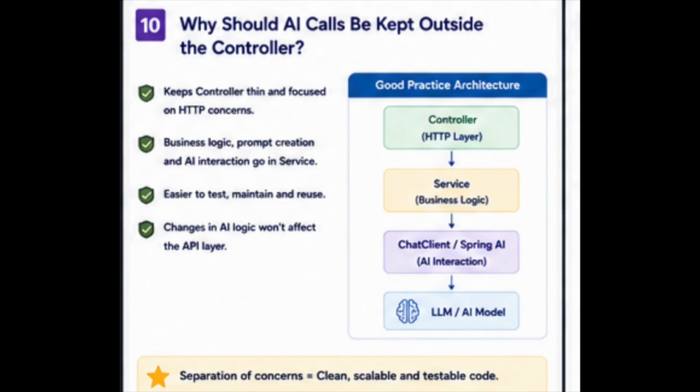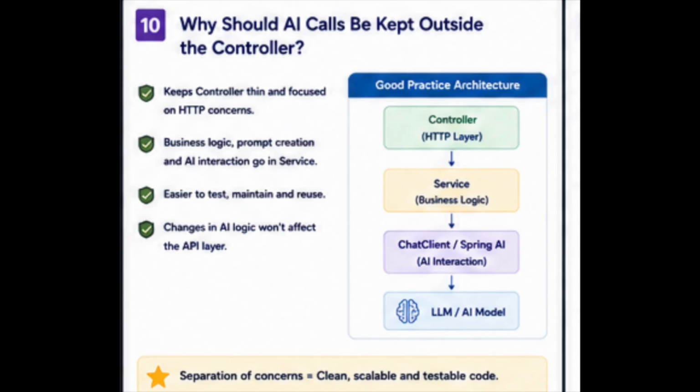This is a good architecture based interview question. Why should AI calls be kept outside the controller? We should generally avoid putting all AI logic directly inside the controller. The controller should primarily handle HTTP request, input validation, HTTP response. The service should handle business logic, prompt creation, AI interaction, response processing.